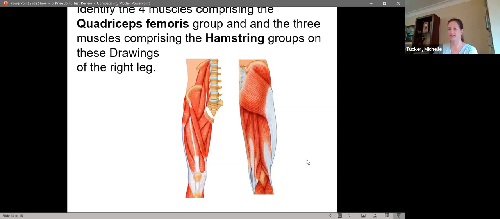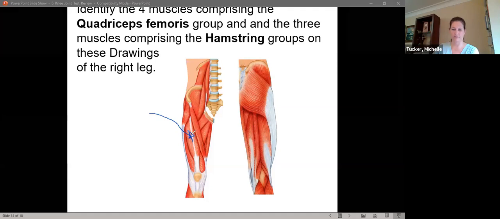Because we've gone over it in the last lab and this lab, there will be multiple questions identifying individual muscles, identifying them as a group, identifying their muscle actions. And then if I were to draw an arrow here, sorry, and I'm talking about this muscle right here, my arrow went a little far.